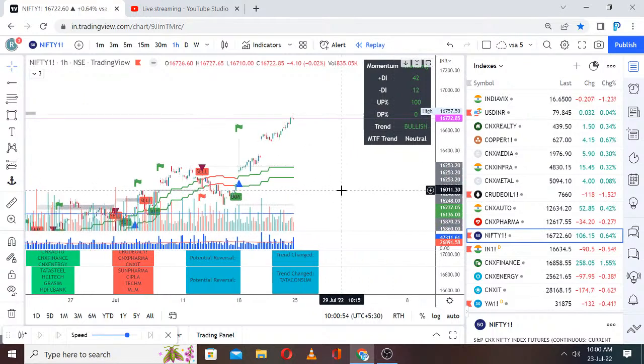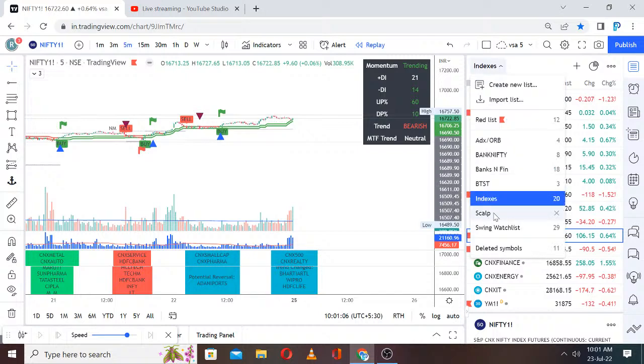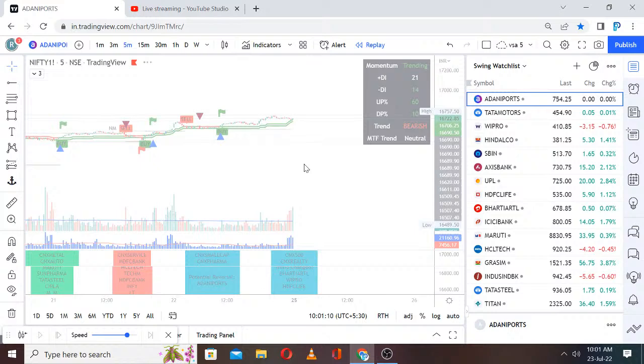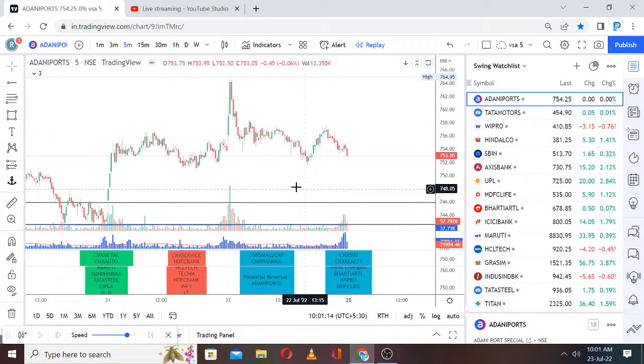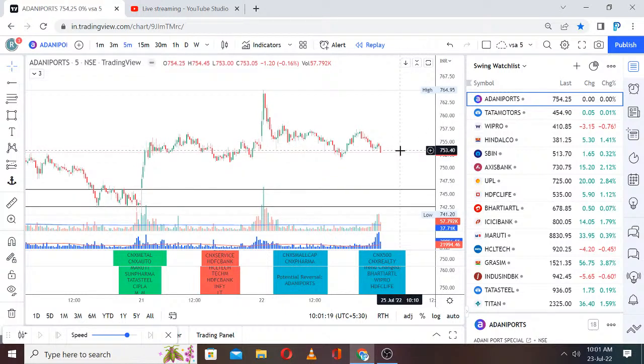I also want to discuss some intraday setups. How to take entry in intraday setups. I'll show you an example. In Nifty and Bank Nifty, liquidity is too high.